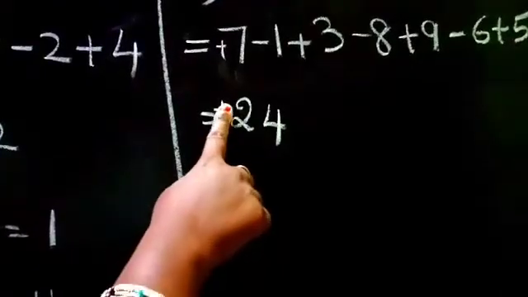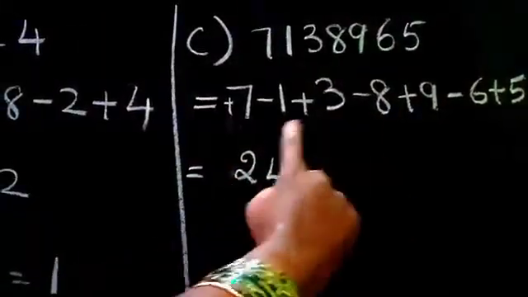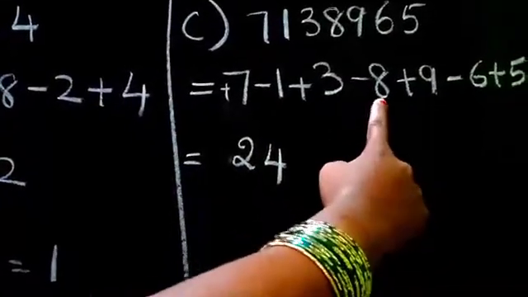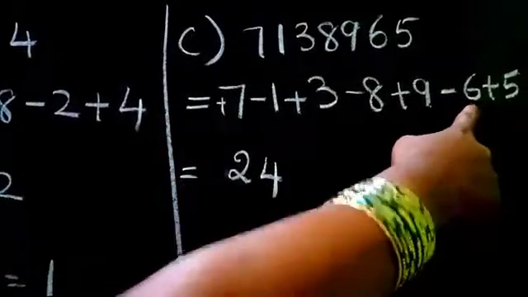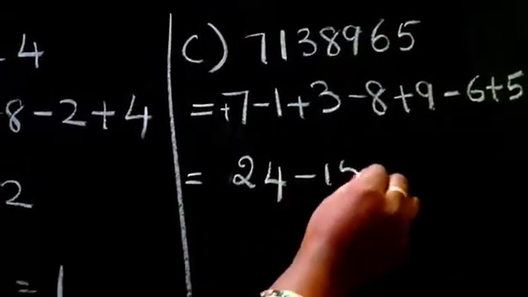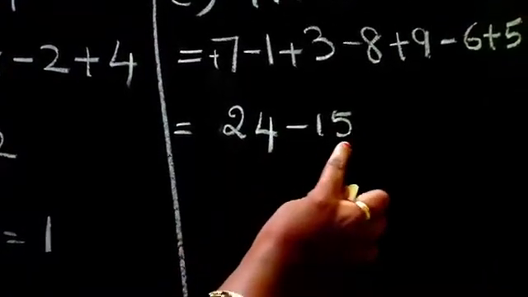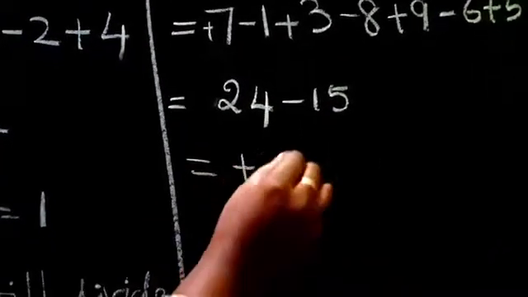We need not write the plus sign. We have to add all the minus numbers. So minus 1, minus 8 is minus 9, minus 9 plus minus 6 is minus 15. Now 24 minus 15 is plus 9.